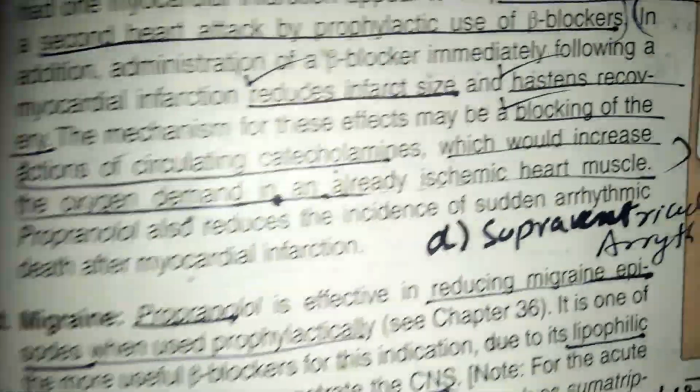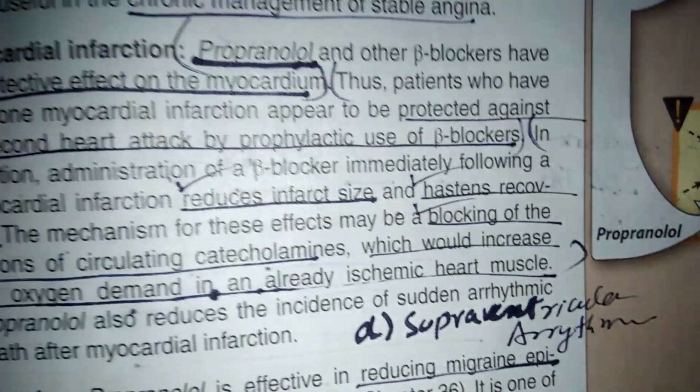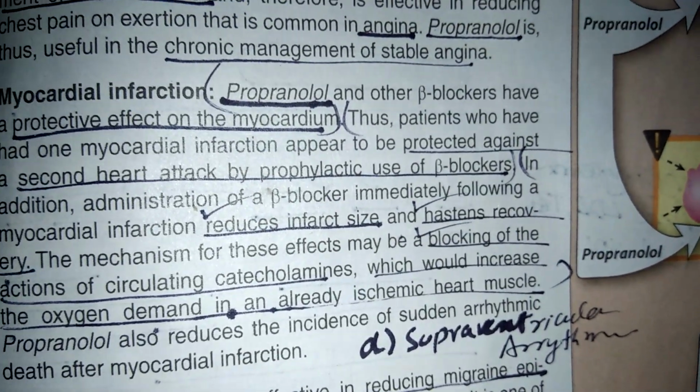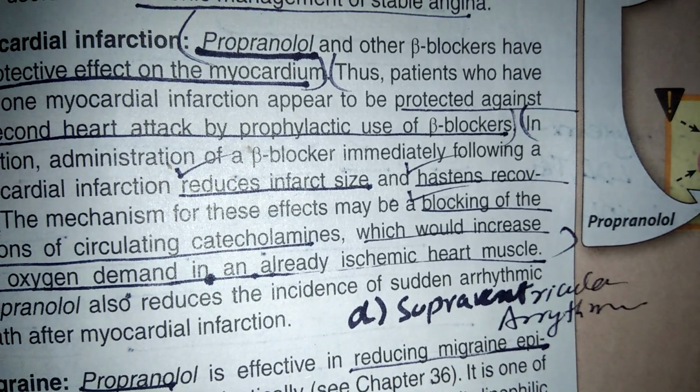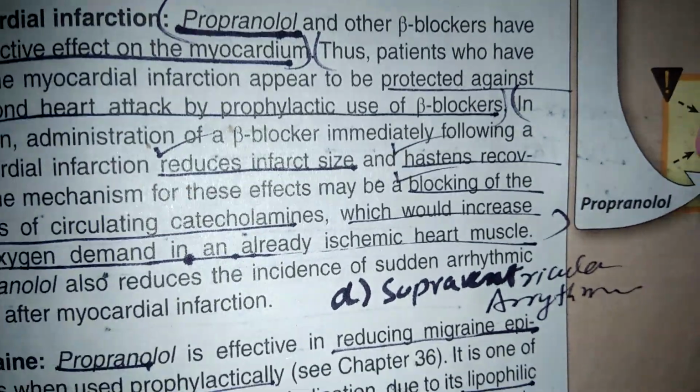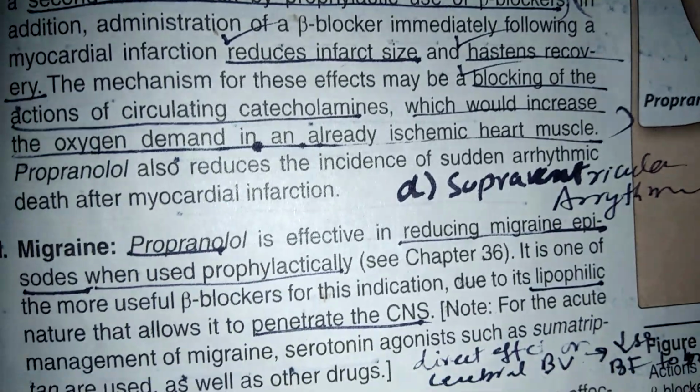One of the indications is supraventricular arrhythmia, so you should also mention it over here. But we can also give other beta blocking agents in patients with supraventricular arrhythmias. That's why it is not mentioned over here.